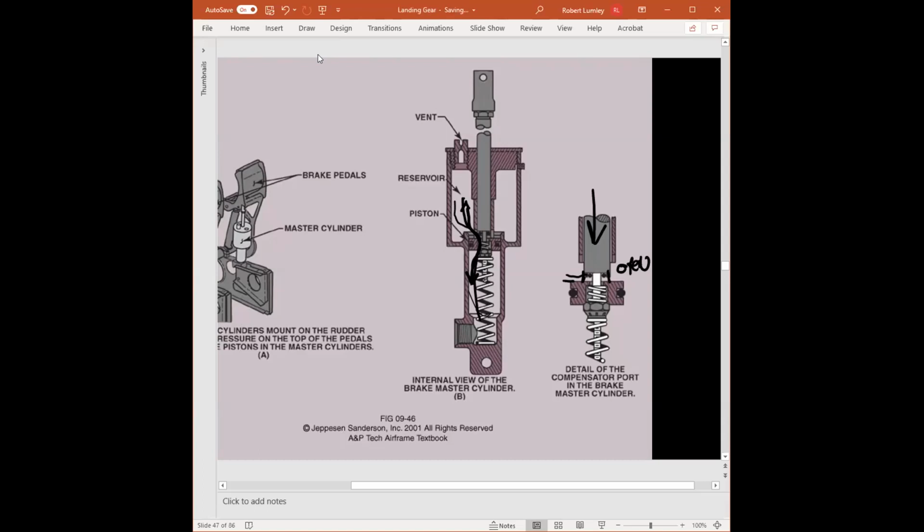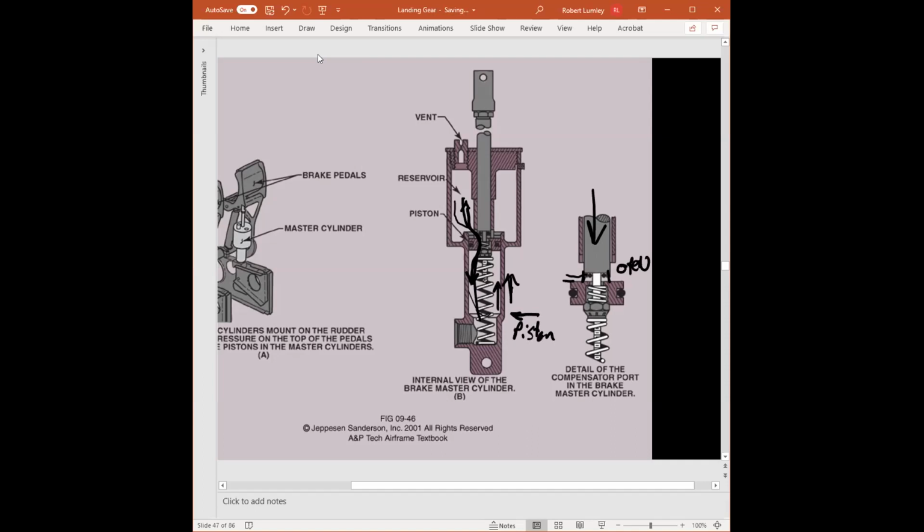Now, a lot of these systems may or may not have the automatic adjusters, but it doesn't really matter. As we apply the brakes, and then when we release the brakes, the piston moves up, which pulls back on the piston to release the brakes.